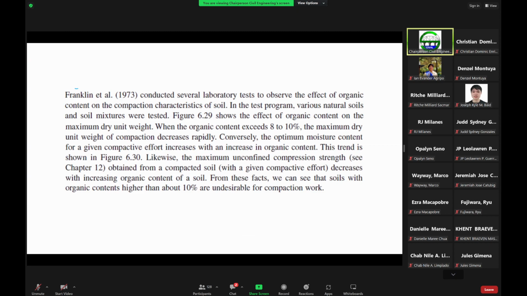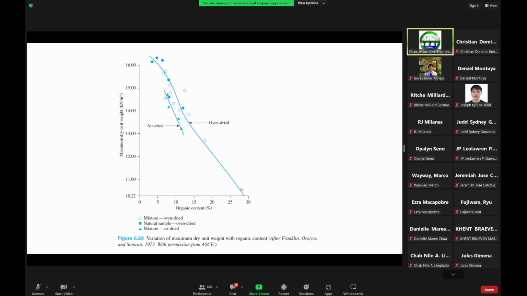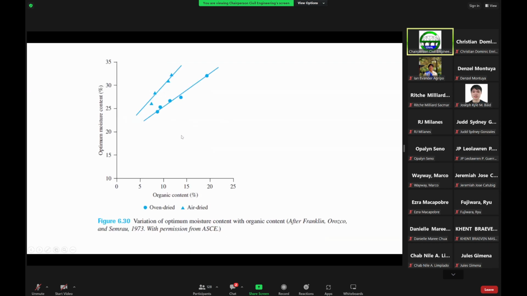In the test program, various natural soils and soil mixtures were tested, such as this one here, which is the graph of the maximum dry unit weight with respect to the organic content. Here we see two results. This one is from an oven dried sample, and this one is from an air dried sample.